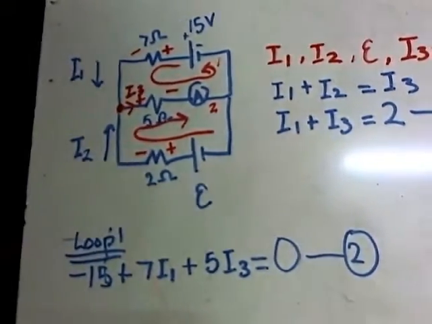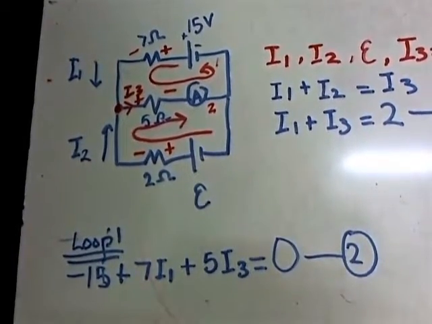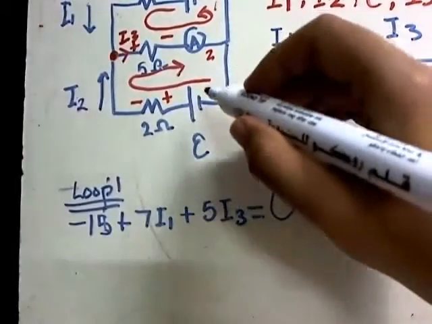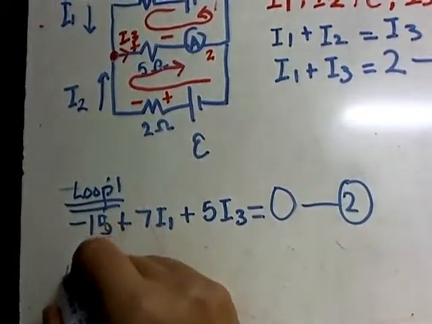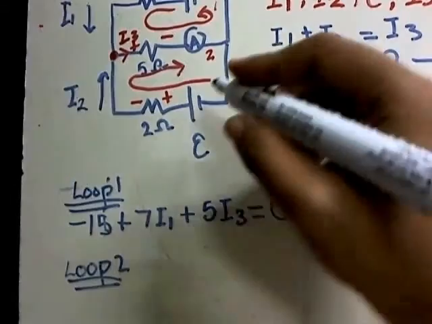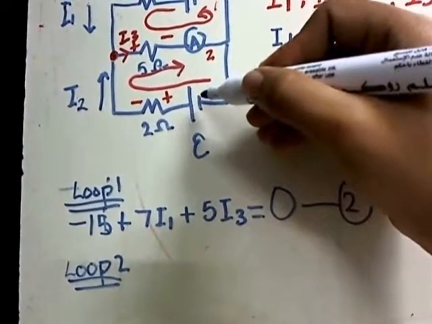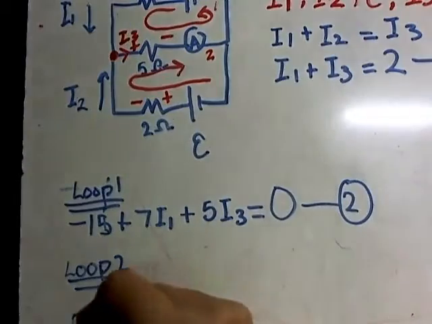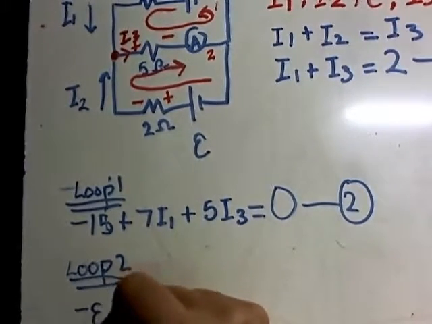My third equation, just going to move this down a little bit, is in the second loop, loop 2. Let's start with the EMF. Current enters in the negative terminal, so my EMF is negative.